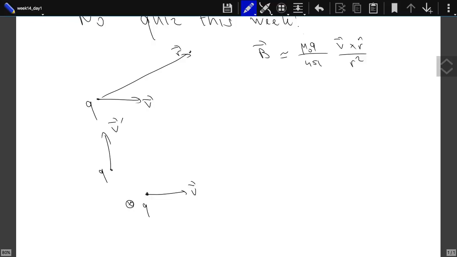What is the direction of the magnetic force acting on the lower charge? Remember, the force is equal to q times E plus v cross B. B is inside, so v cross B is upward.